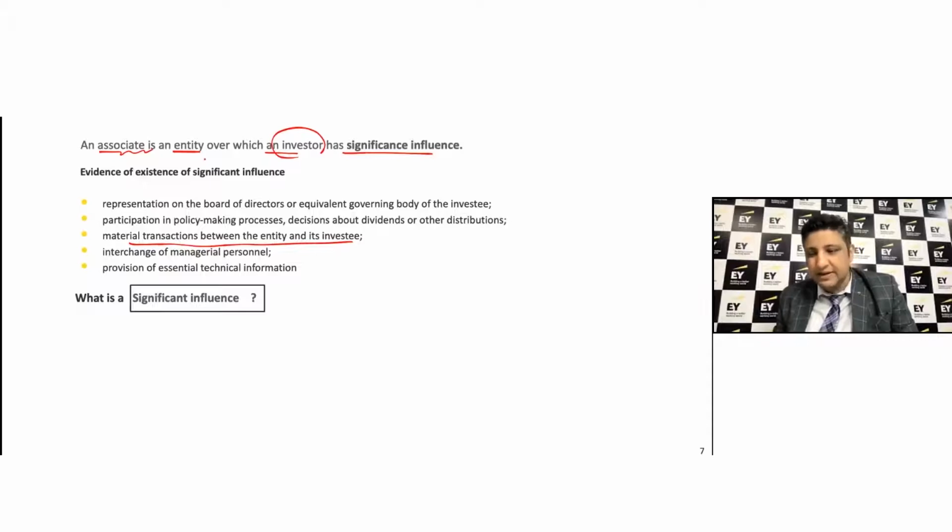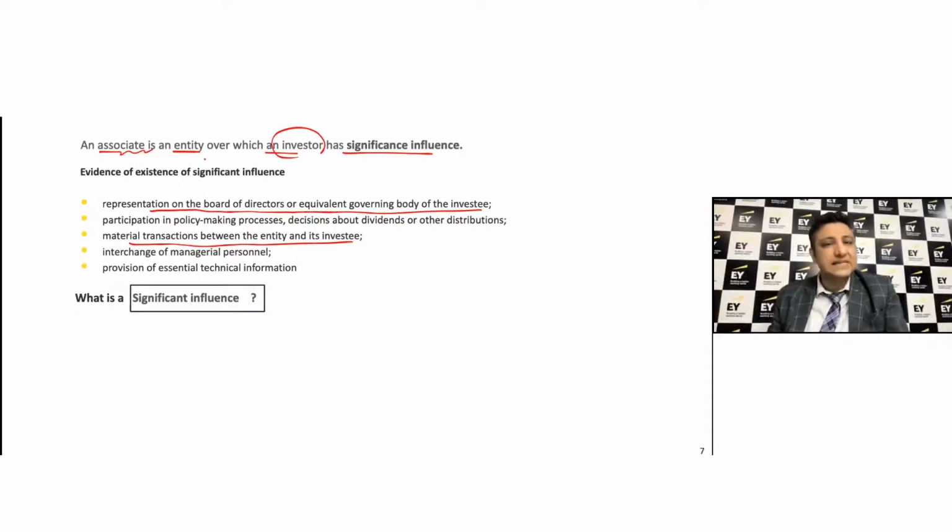In a way, you are able to influence the decision making of that entity. There could also be, for example, representation on the board of directors or equivalent governing body of the investee. Of course, all the strategic, operational and business decisions are made through the board.